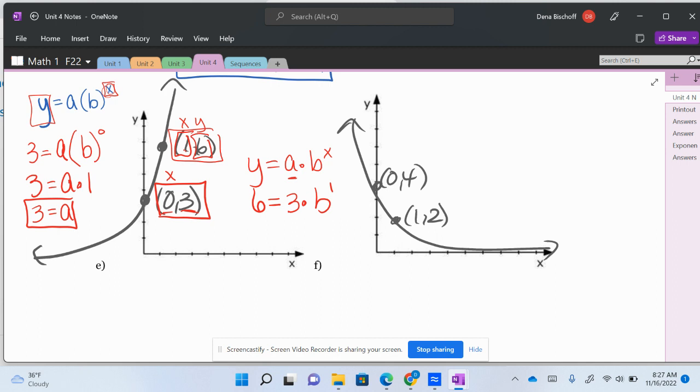I'm trying to figure out what b is. Well, b to the first power is just b. So 6 equals 3 times b. Just solve for b. How would I solve for b? Yeah, divide both sides by 3. So b is 2.